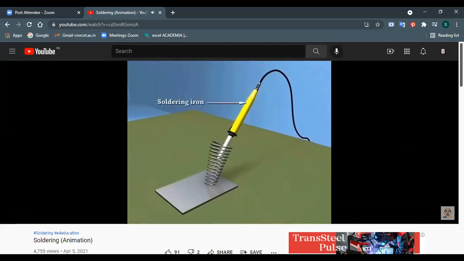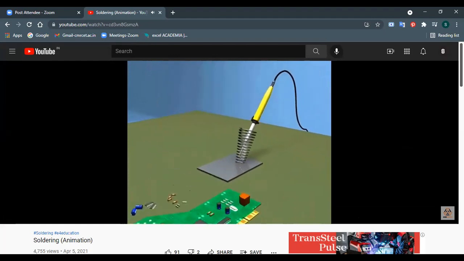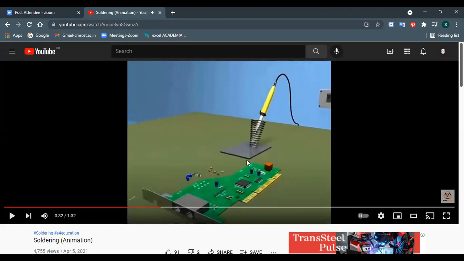Consider a soldering iron, electrode, stand. That stand is basically to hold that solder gun or electrode, as you want to call it, right? Because it will be heated, and if you place it anywhere, that is an unsafe practice.